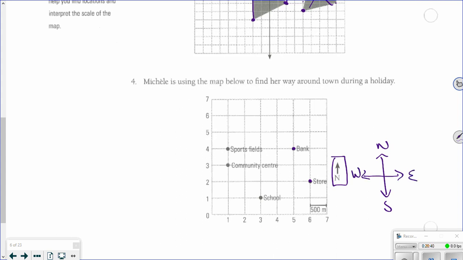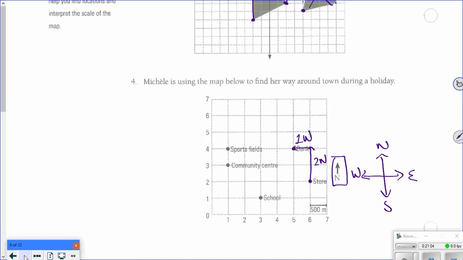East and west are opposite to each other. So to get from the store to the bank, she needs to go up 2 units. So 2 units north. And then she needs to go 1 map unit to the left, and the left is west.